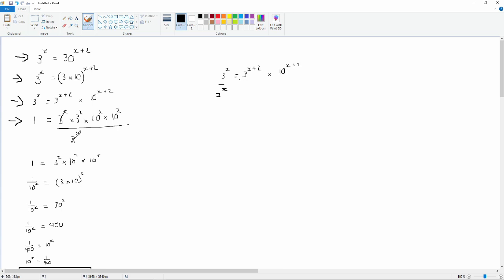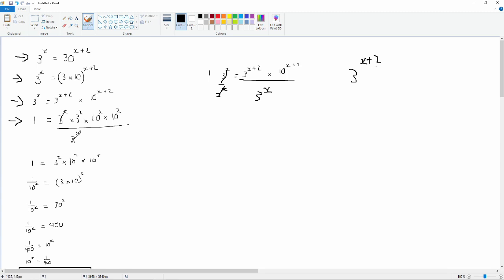And then I'm going to divide all of this by 3 to the power x. So first of all, these cancel and we get a 1. Now here we've got 3 to the power x plus 2.